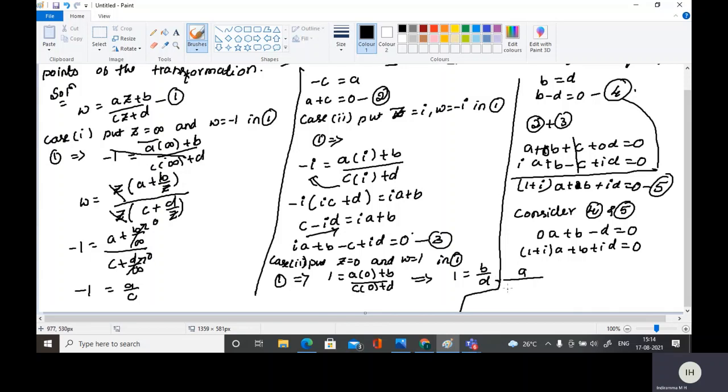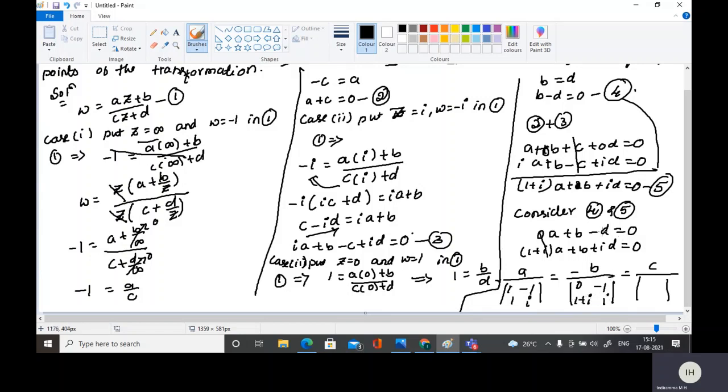So A by the determinant is equal to minus B by the determinant is equal to D by the determinant. For A by the determinant, don't consider the A coefficients. B and D: consider 1, minus 1, 1, i. Next, minus B by the determinant: 0, minus 1, 1 plus i and i.